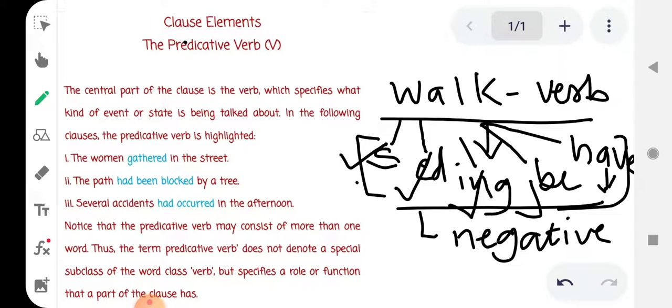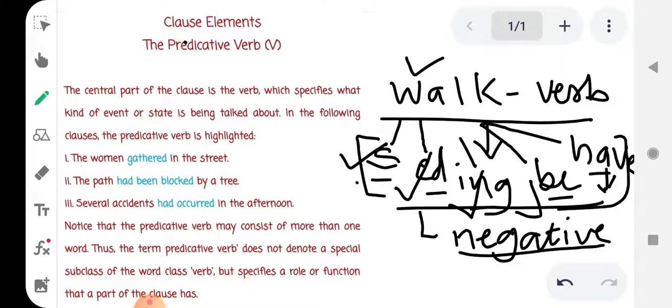So the changes take place according to these things. Accordingly, there is an increasing number of words in a verb phrase. This walk is a single word verb in isolation. In isolation means in the dictionary you will find walk as a verb.